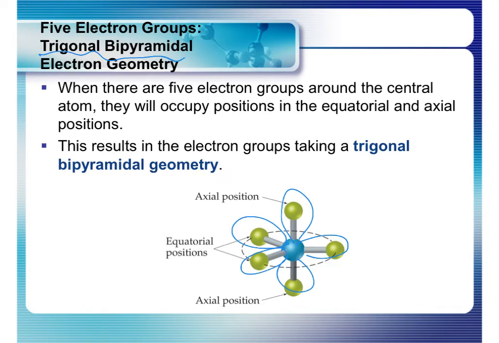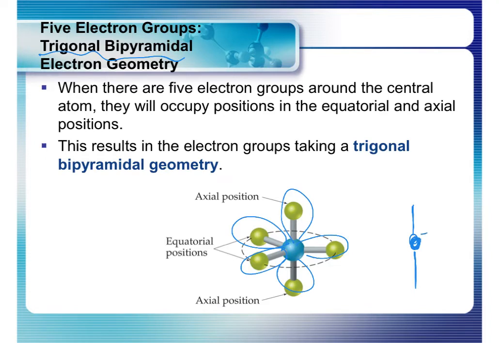To envision that shape maybe a little bit better three-dimensionally, here's your central atom. You've got one of your domains going straight up, one going straight down, and then you have three domains spread evenly around the equator of this central atom.